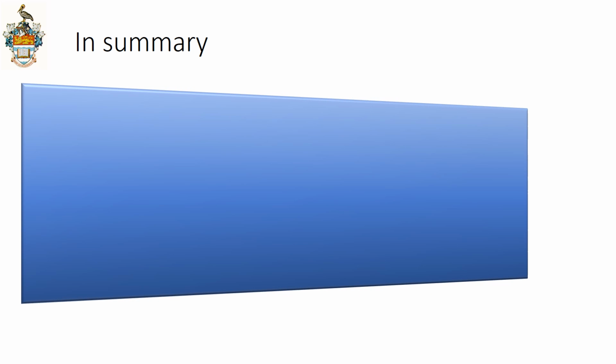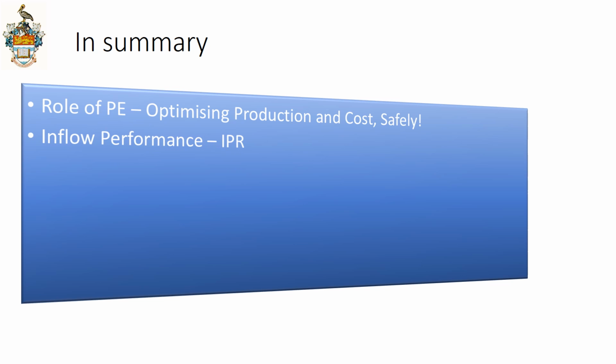In summary, we have looked at the role of the PE, optimization of production and cost within the boundaries of HSE. Safety is good business, and so we always need to be safe in whatever we're doing. We looked at inflow performance or IPR, which talks to the pressure loss and flow within the wellbore.